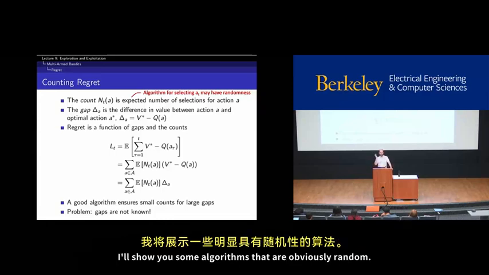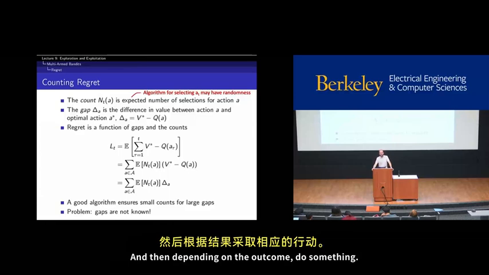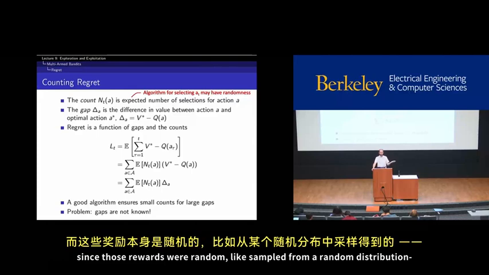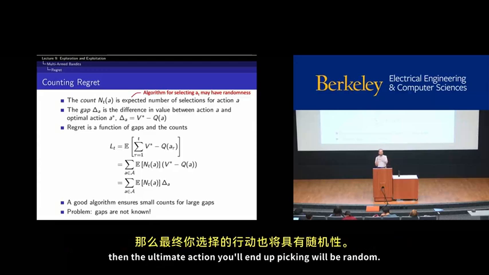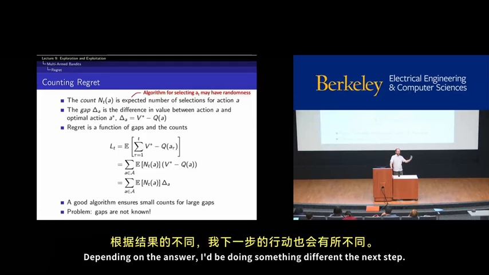I'll show you some algorithms that are obviously random because there's a step in it where you flip a coin, and then depending on the outcome, do something. But in this setting, if your algorithm ever depends on rewards that you have seen before, since those rewards were sampled from a random distribution, then the ultimate action you'll end up picking will be random. I chose this, maybe it would have given me a reward of 0, maybe a reward of 1.